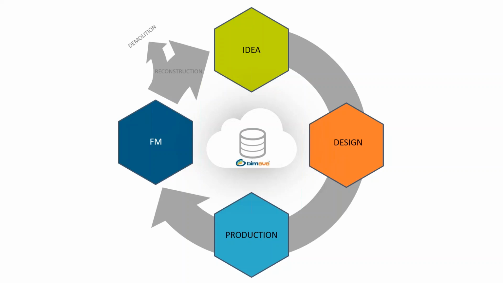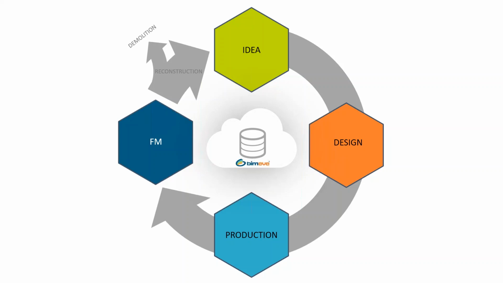As we go further, we will come to the design phase. In the design phase, we will add a lot of objects in our model. It can be door objects, maybe interiors, a lot of objects that we're going to build up in the model. By using BIMEYE, you can extract information from the model and synchronize it up to BIMEYE.